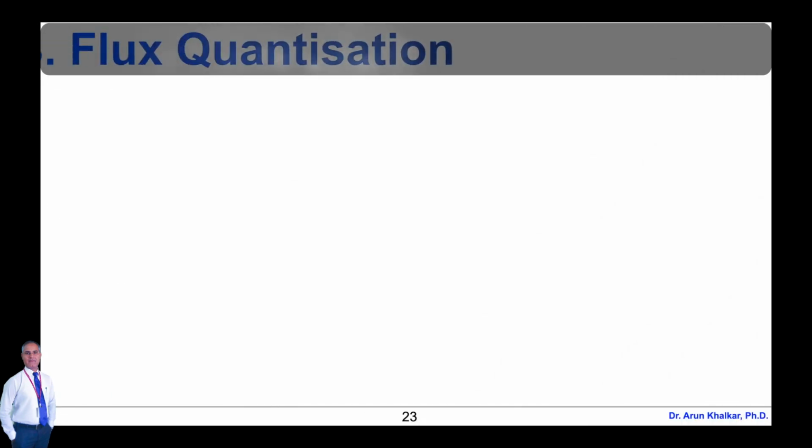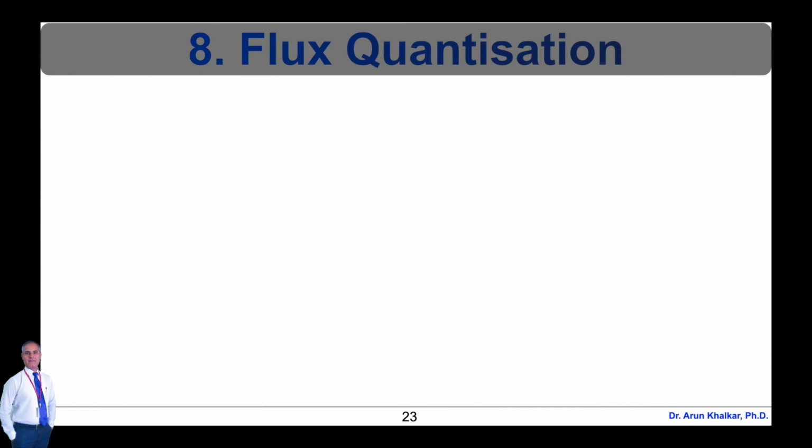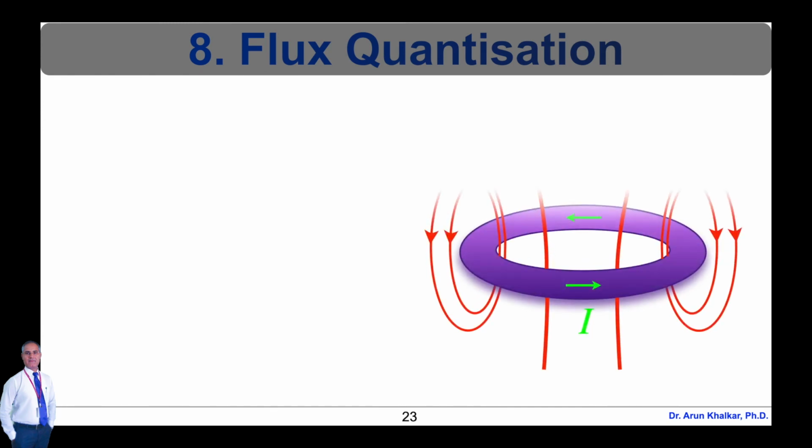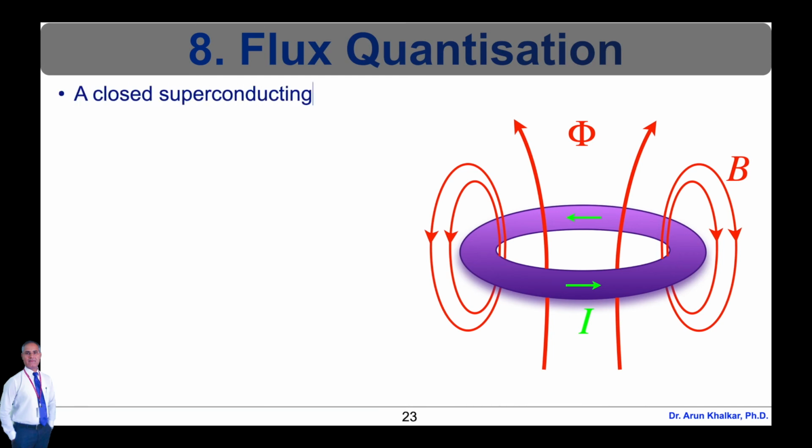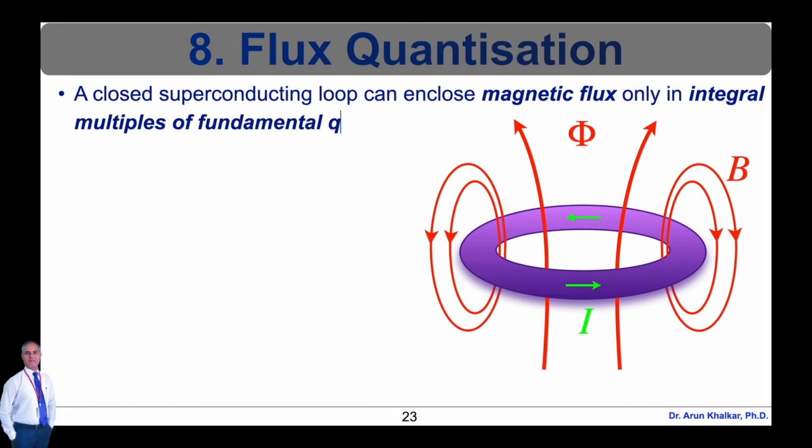Now let's see the next property of superconducting material, flux quantization. In 1957, the scientist Alexei Abrikosov predicted the existence of magnetic flux quanta. The diagrammatic representation of flux quantization is shown in this diagram. According to Abrikosov, a closed superconducting loop can enclose magnetic flux only in integral multiples of the fundamental quantum of flux.